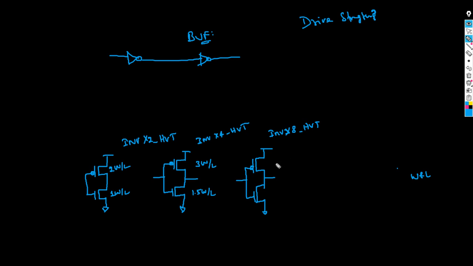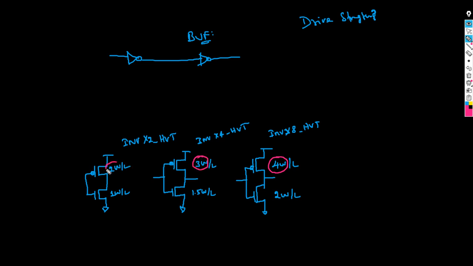Now, so you might say 4W by L, and this is kind of 2W by L. So when you say your drive strength increases, what this means is that your W increases.